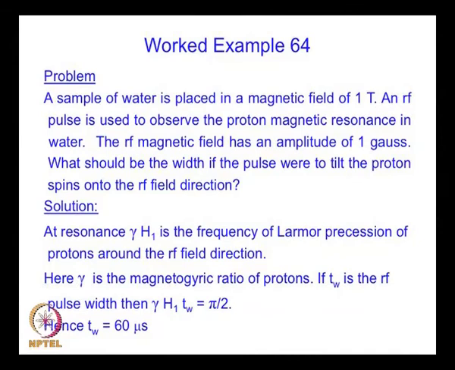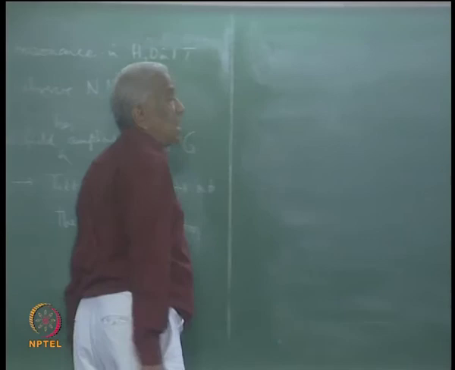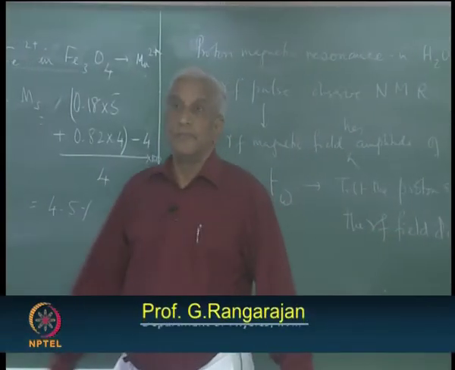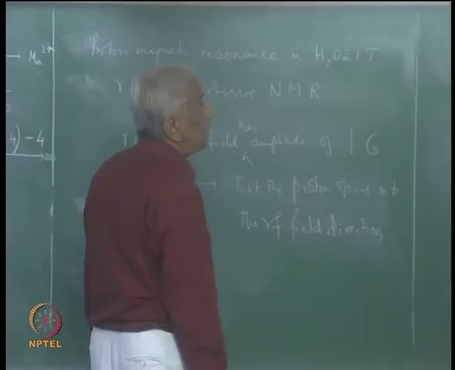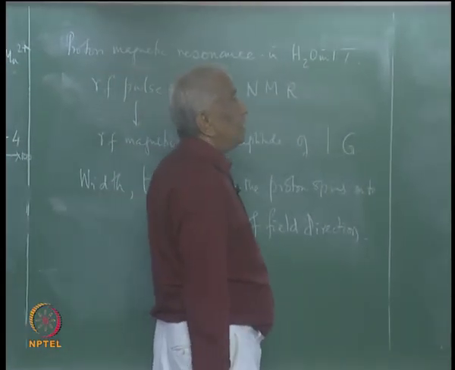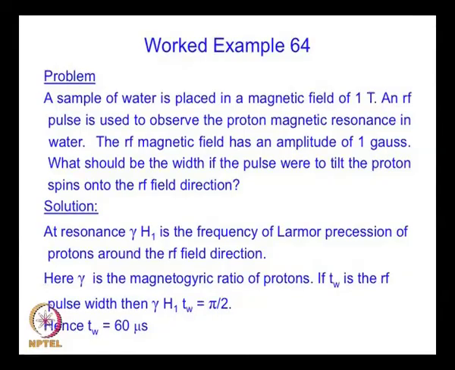We know that at resonance, the Larmor precessional frequency in a static magnetic field is the frequency with which a rotating frame is used, and in this rotating frame, since it has the angular frequency of the Larmor precessional frequency in the static field, it will stay constant.